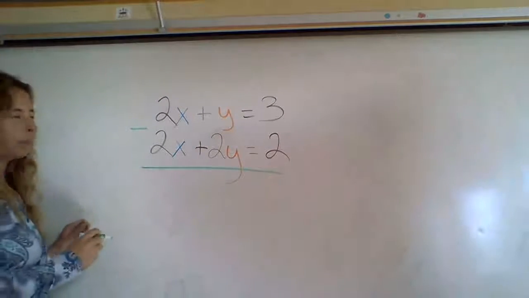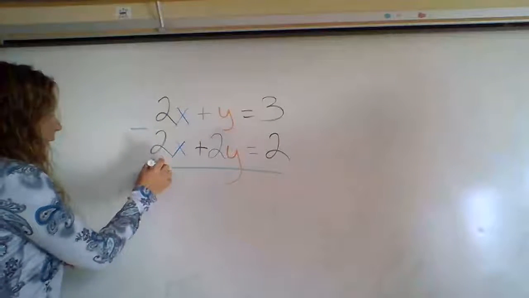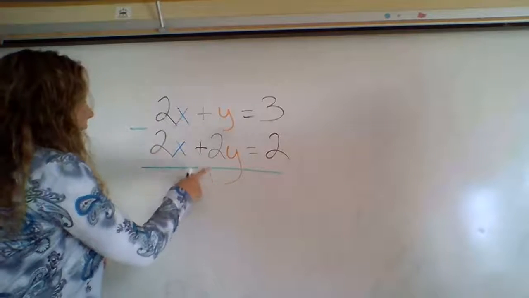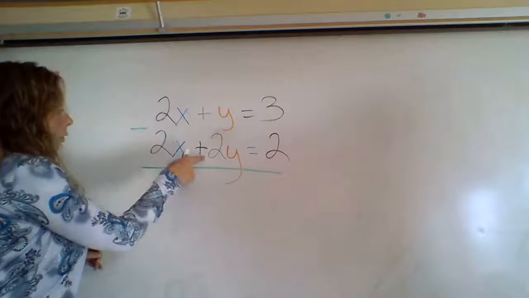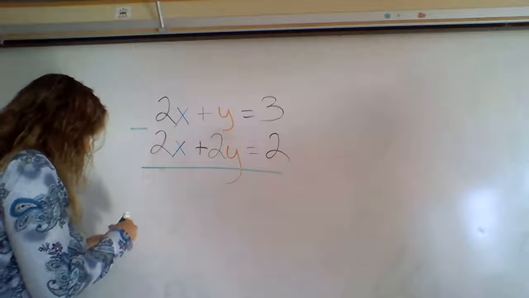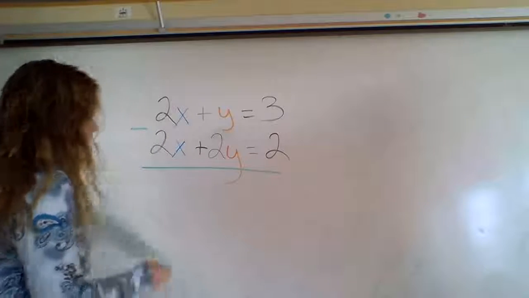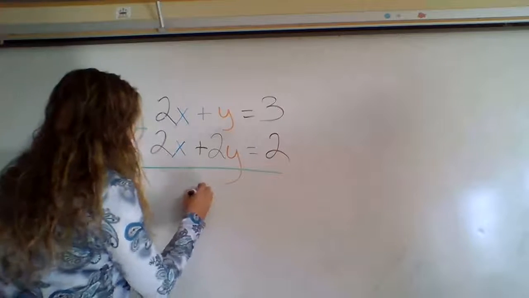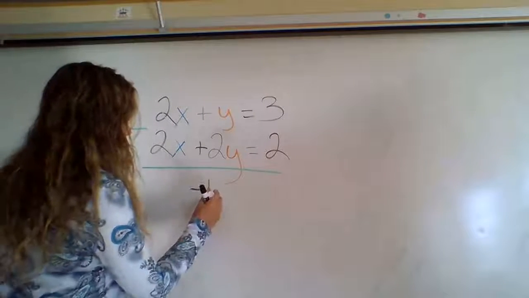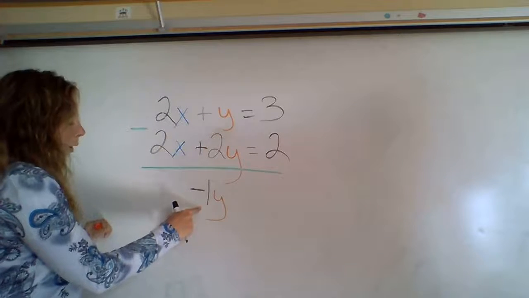2x minus 2x is 0. We got rid of that. Then we have y minus 2y. Be careful here. Y minus 2y is negative 1y. 1 minus 2 is negative 1.